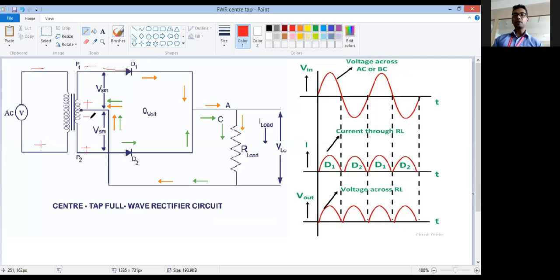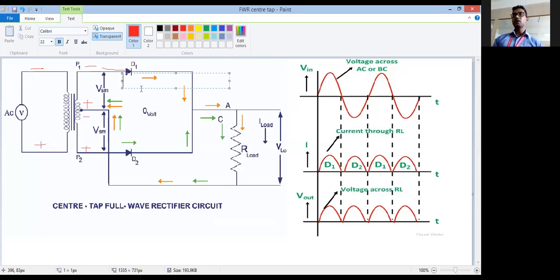Don't consider the lower because it is for D2. For D1, it is positive, and for D2, it is negative. So for D1, the N-type material through RL, see my arrow is moving in that direction. The positive terminal is connected to N-type material and the negative terminal is connected to P-type material. So obviously this upper diode is now reverse bias. So obviously it will be off, correct?